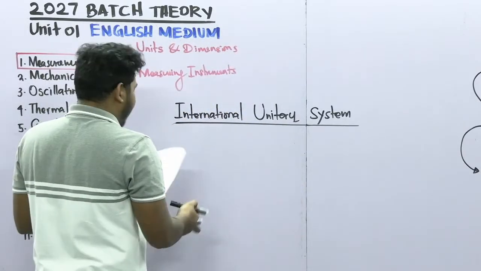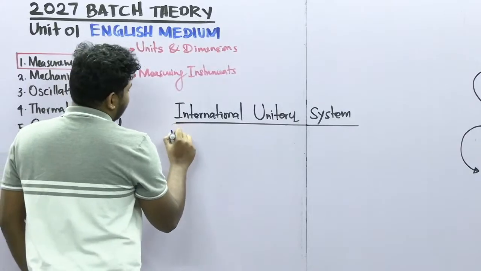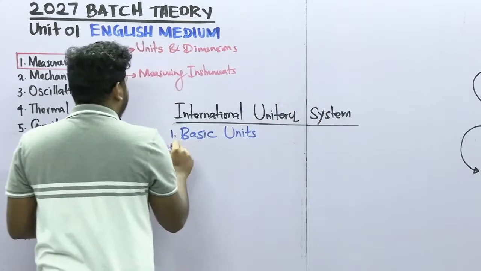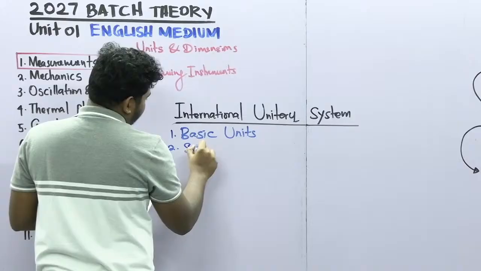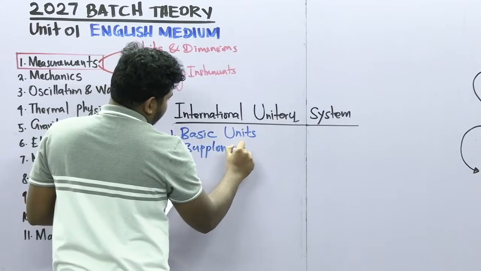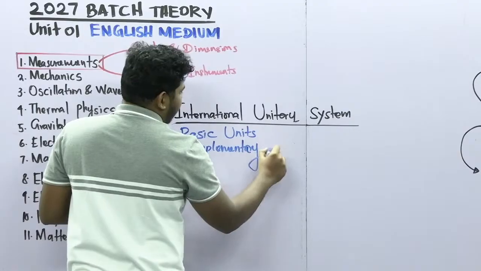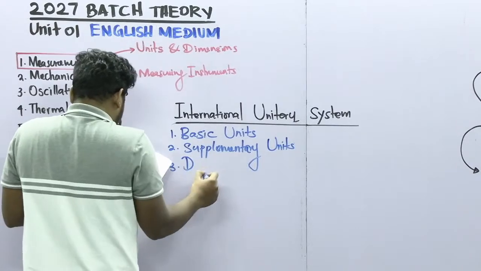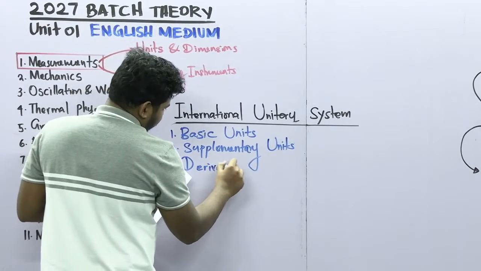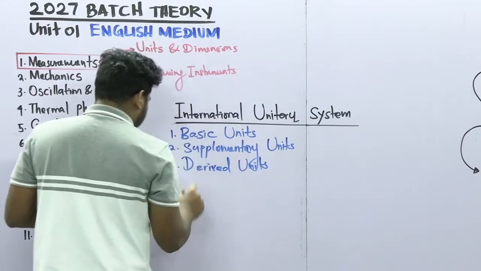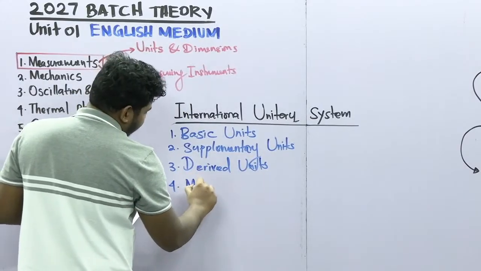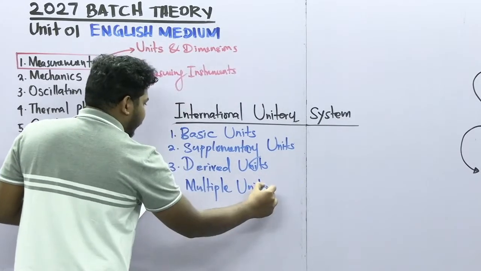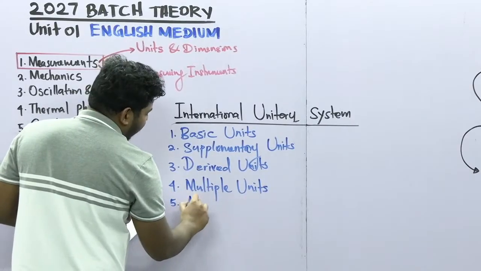Those are, I'm going to write them here: basic units, second one is supplementary units, the third one is derived units, fourth one is multiple units, and the fifth one is additional units.